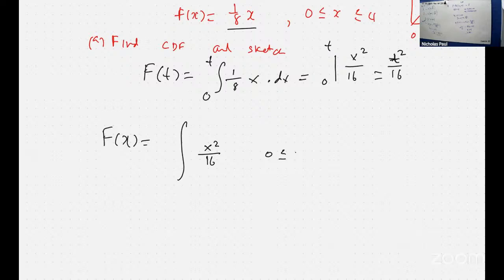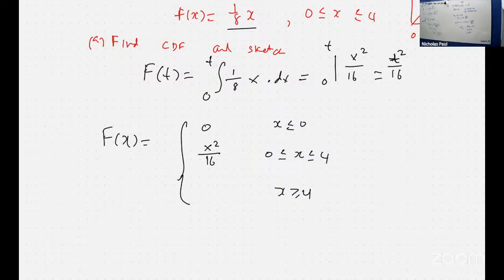You have to tell them what happens when x is less than or equal to 0. Of course, nothing happens down there on that graph. But what happens when x is more than or equal to 4? Remember, it's cumulative. By the time you accumulate 1 and 2 and 3 and 4, you would have reached a probability of 1. So even if you go on to 5 and 6 and 7, it doesn't matter. Your cumulative function will always be 1.